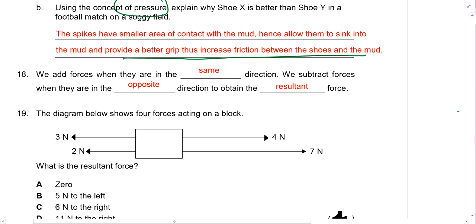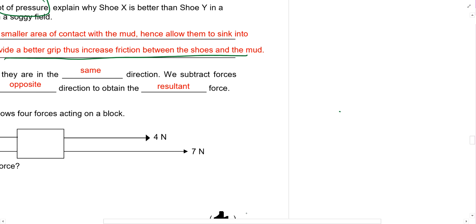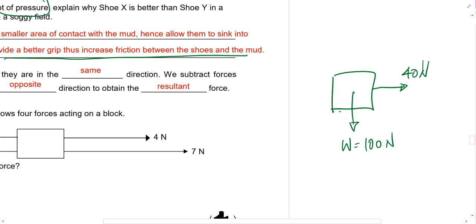Let me tell you why different is not accepted. If I have weight over here, let's say 100 newtons, and I have a force pulling it to the right, 40 newtons. Okay?